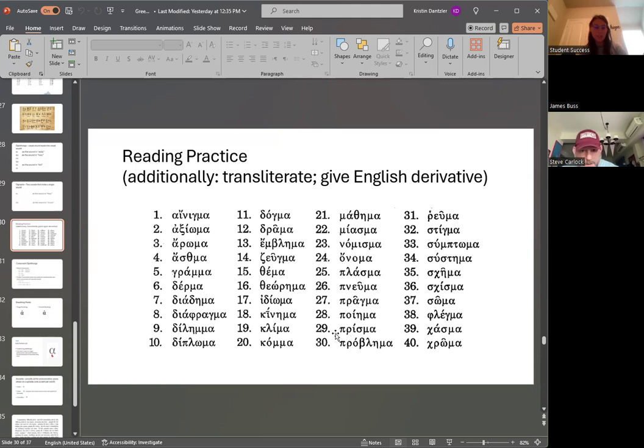Very close. This one's not an eta. It looks very similar, but this right here is an eta. Oh, that's a mu. That's a mu. Good. So prisma. Good.